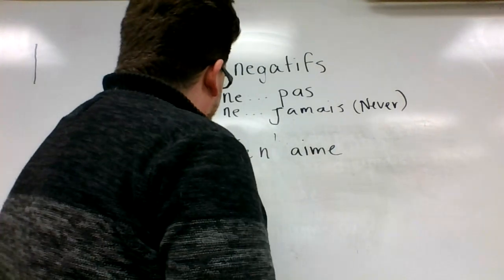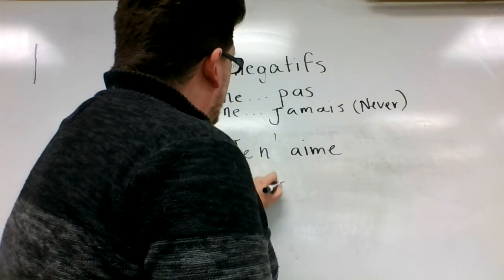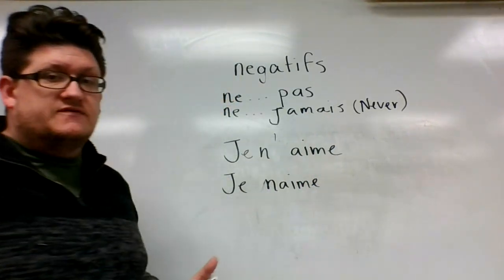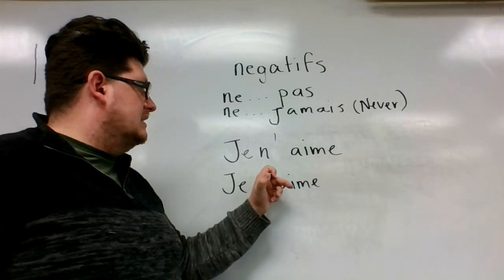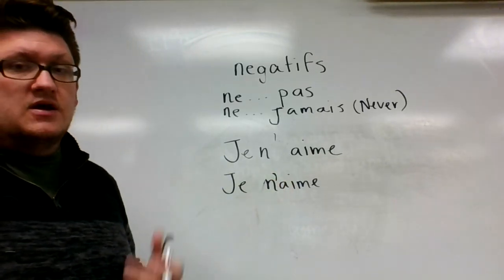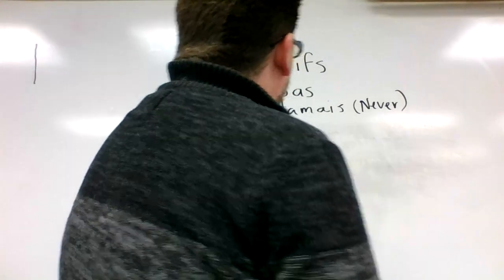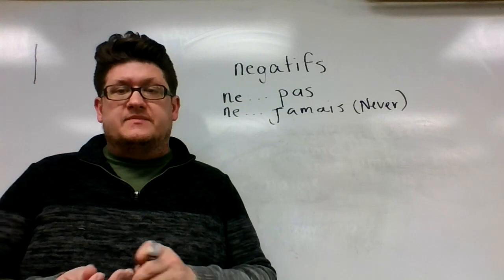I also saw things that were like this, right? That didn't have an apostrophe, right? That's not a word in French, right? A French person wouldn't recognize that. So you have to have that apostrophe there to denote it, okay? So it's all about how it sounds en français. So hopefully that clears some things up.